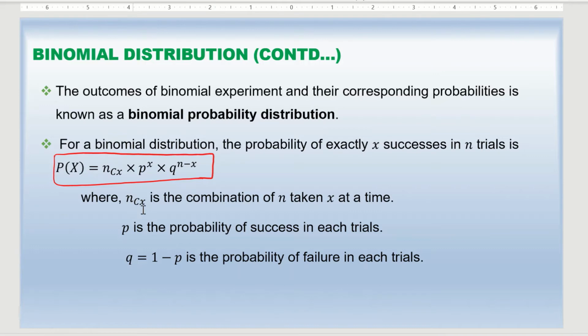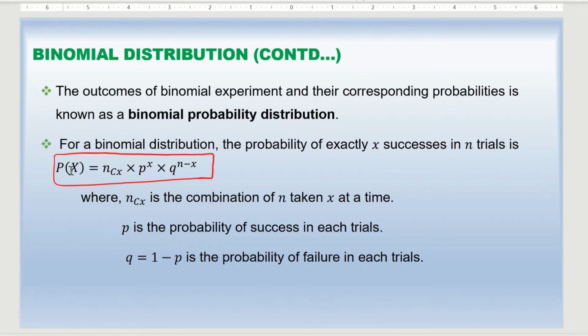Where nCx is the combination of n taken x at a time, p is the probability of success, and q is the probability of failure in each trial. We are going to use this formula to calculate the probability of exactly x successes in a binomial experiment, or in the case of a binomial probability distribution.